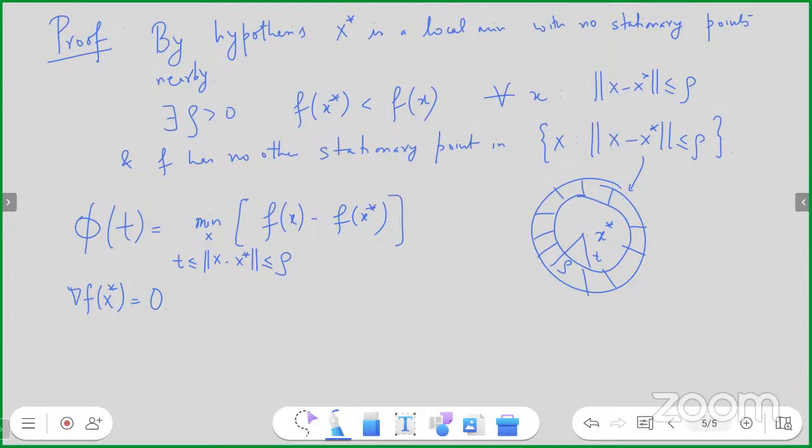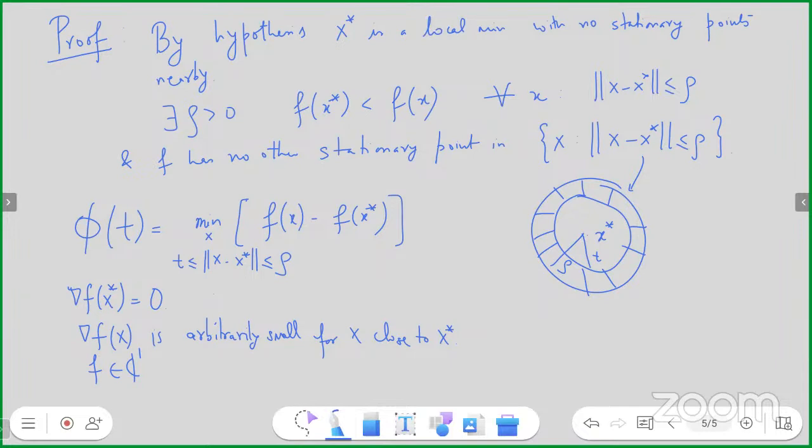Around x star, del f of x essentially is small, arbitrarily small as much as I want, for x close to x star, since f belongs to C1. So what I'm going to do is choose an epsilon given this rho such that the following happens.